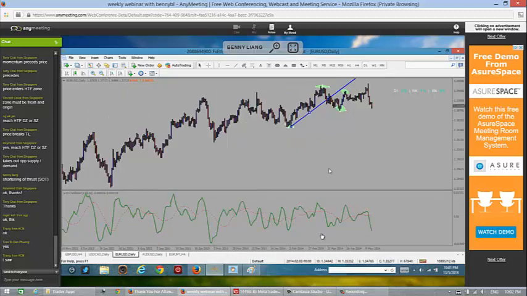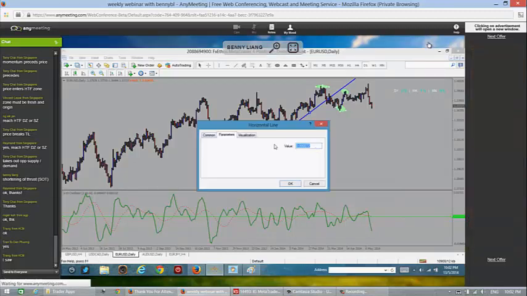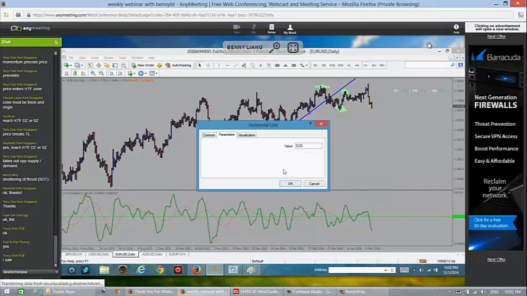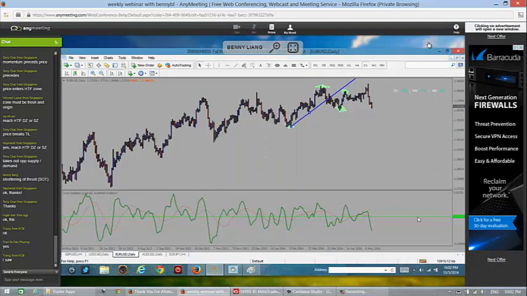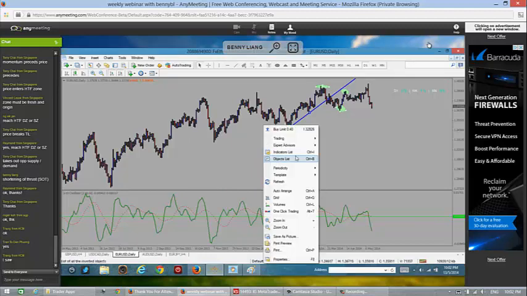Okay, by default, when I send you the indicator, I have something like this, right? So what you need to do is draw yourself a zero line. Okay, draw yourself a zero line, and you can change the color to green if you want to, up to you.